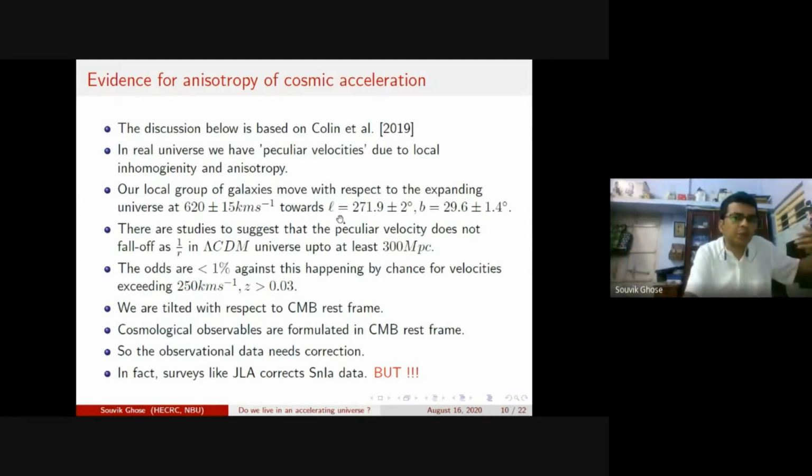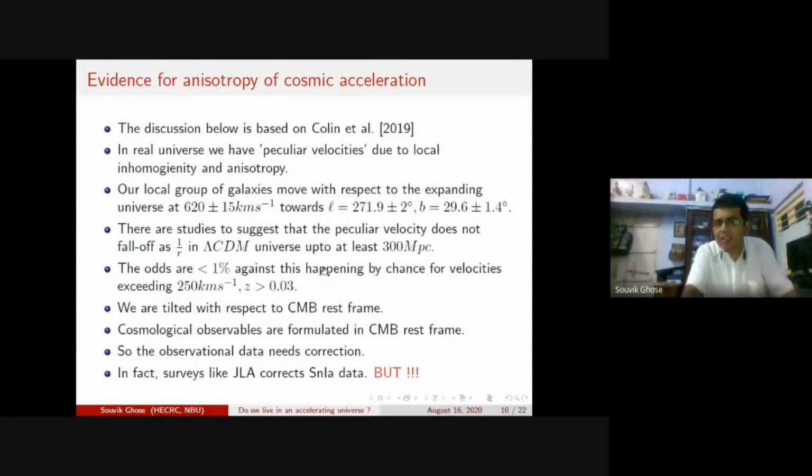There is no need to get into the details of this treatment. This is a direction of CMB anisotropy, a standard direction visible from recent Planck and WMAP data, etc. Towards this direction, our local galaxies tend to move on top of the universe expansion with this kind of velocity.